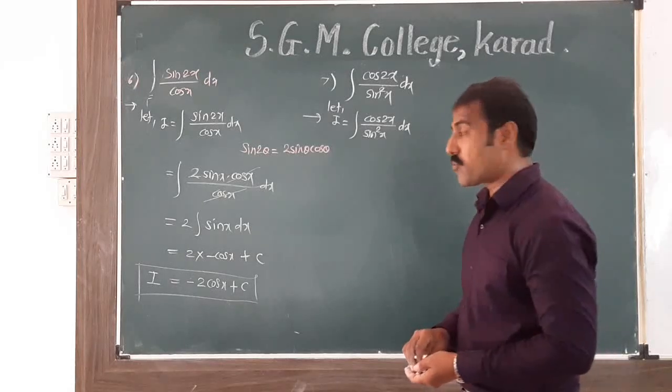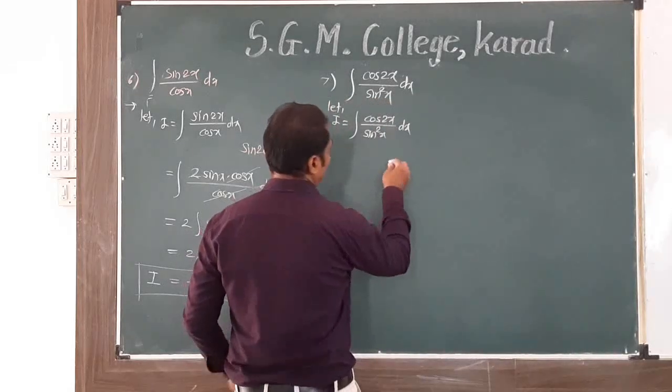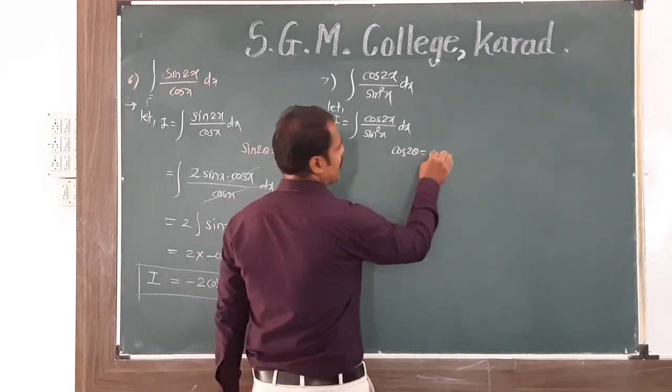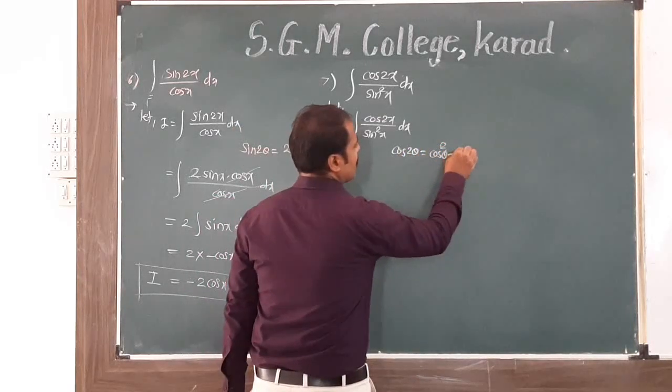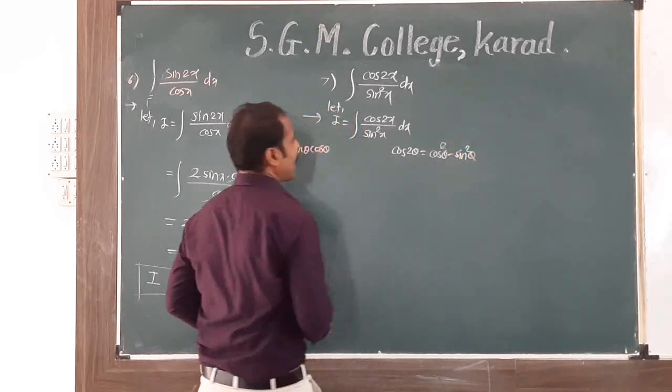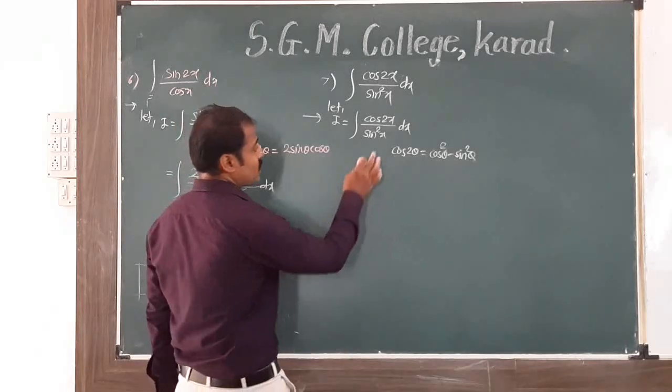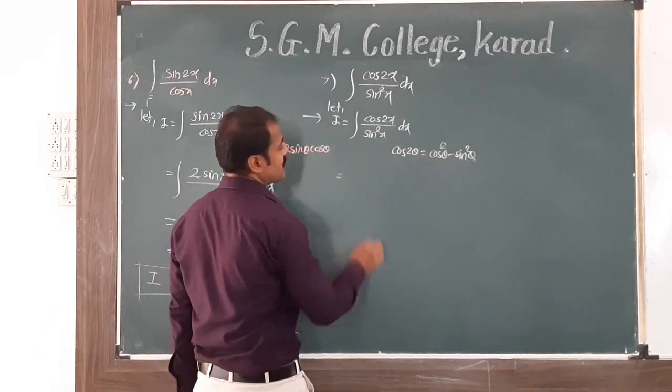Okay, so the formula for cos 2 theta. Cos 2 theta is equal to, yes, cos square theta minus sin square theta. So we are writing instead of cos 2x, cos square x minus sin square x, because in the denominator there is a term of sin square x.